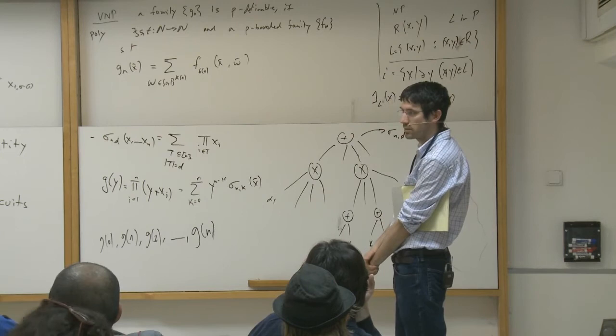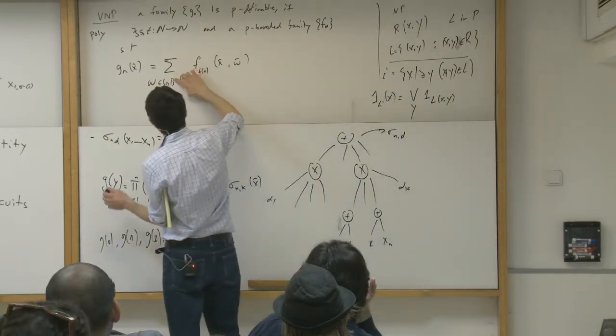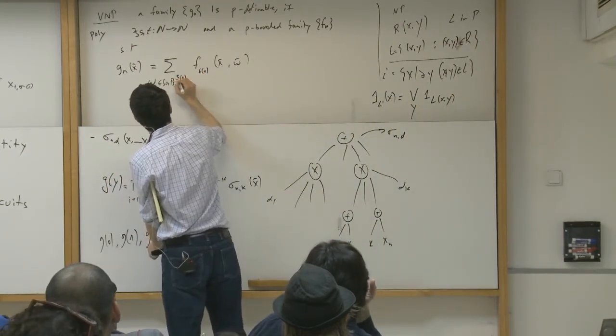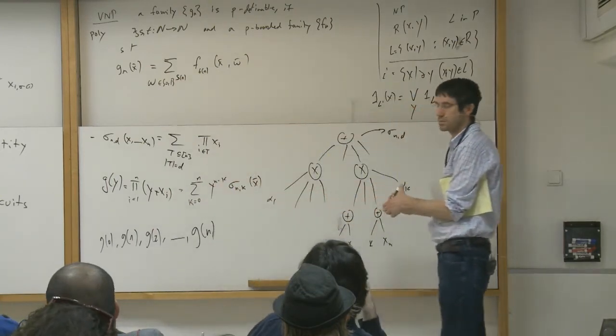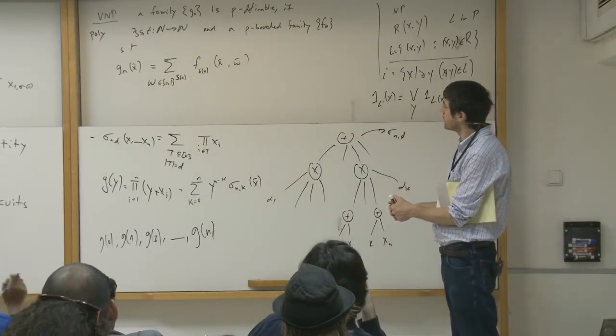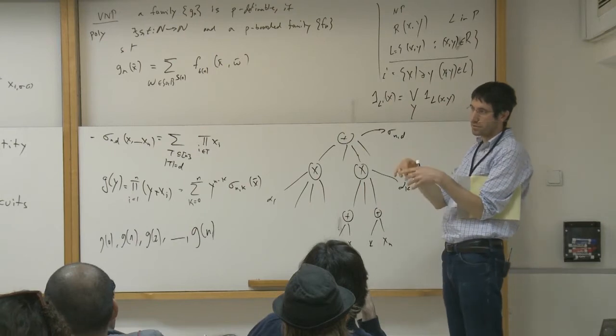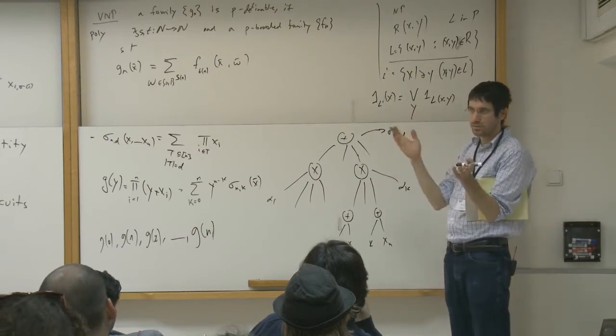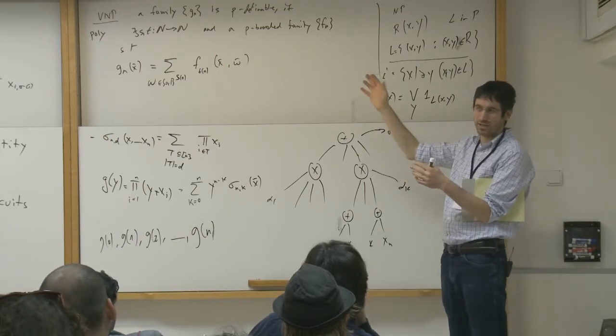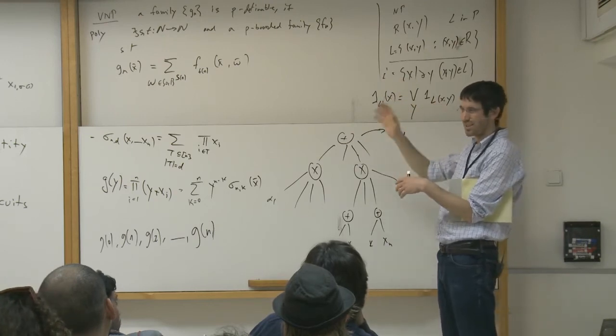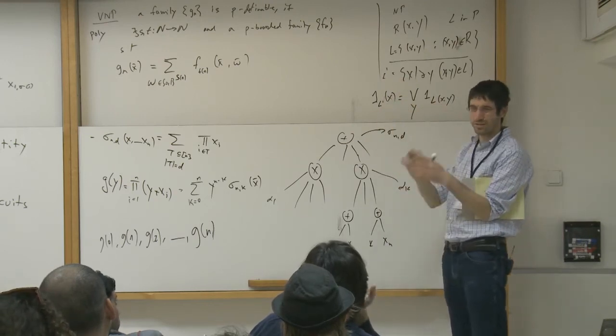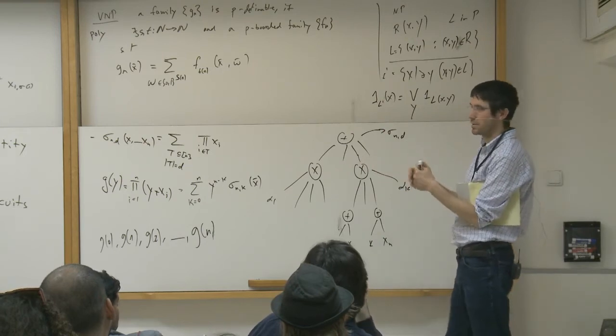Ft of n has a certain number of inputs. I just write it very generally. Maybe I should have written F of n and have witness and inputs, everything n. But basically, that's the idea.